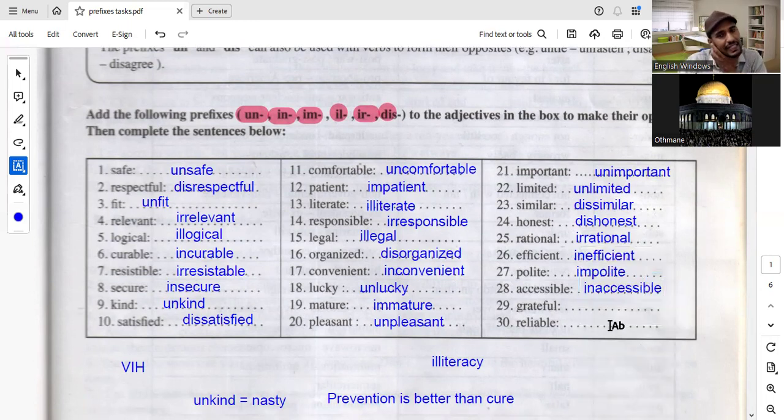It means you can't access this place. Sometimes it may be a certain place, or a web page. This web page is inaccessible.